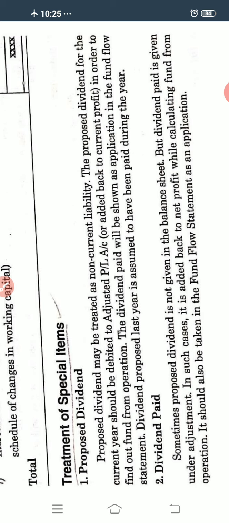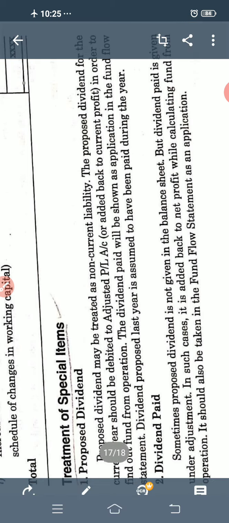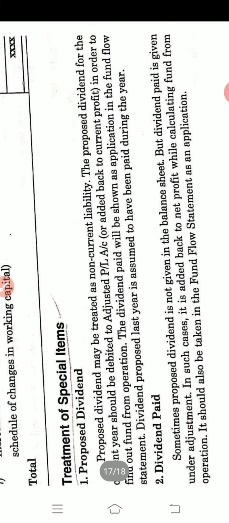The next one is dividend paid. Sometimes the proposed dividend is not given in the balance sheet, but dividend paid is given under adjustment. So they have not given the dividend paid in the balance sheet, but they have given it in the adjustment.